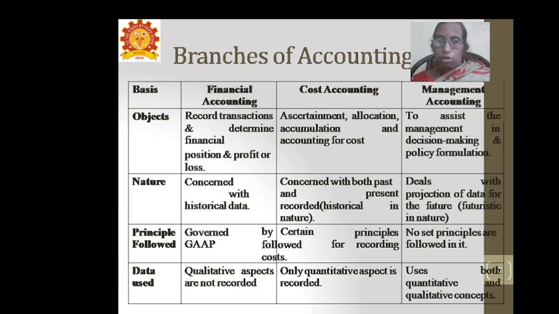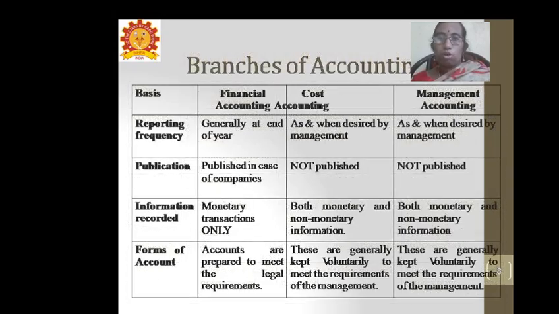Next is the nature of the data used. In financial accounting, qualitative aspects are not recorded, and only quantitative aspects are recorded. In cost accounting, both the qualitative and the quantitative information are taken, so that proper planning, organizing, and decision making can be done in management accounting.